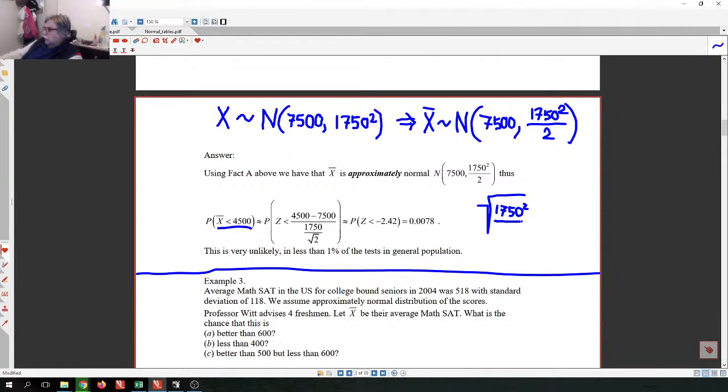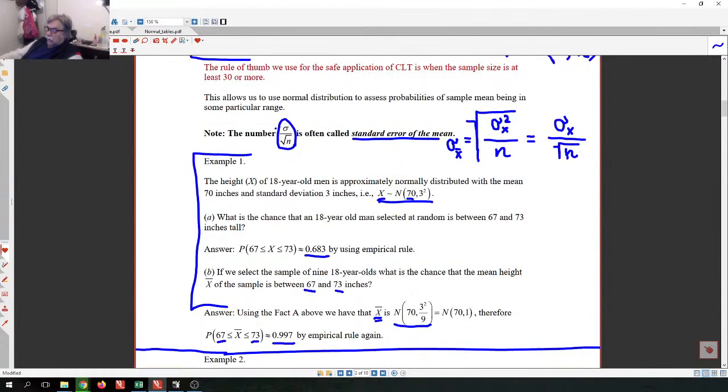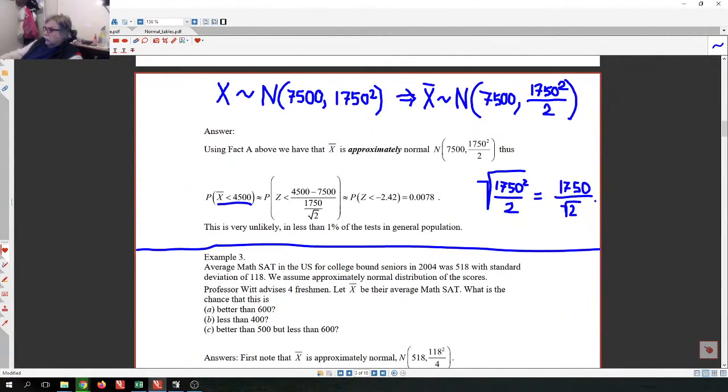You take the radical of this, and the square root of this is just 1750. So that's a sigma. And on the bottom you take a radical, radical of 2, the radical of the sample size, 2. Okay? So we called that moments ago the standard error of the mean. Okay? So you have to use that.